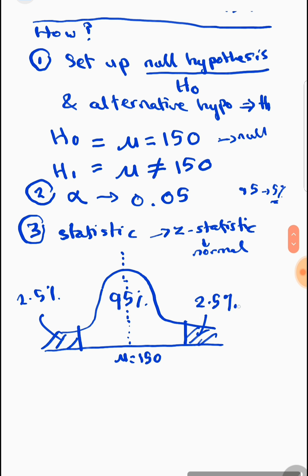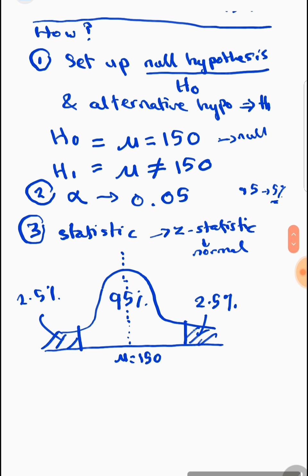If you are just in a rush to solve the question without drawing this or visualizing it, I think I usually prefer to just draw it so that it gets a clearer view. But if you just visualize it in your mind, don't just rush things through by taking your alpha as 0.05.